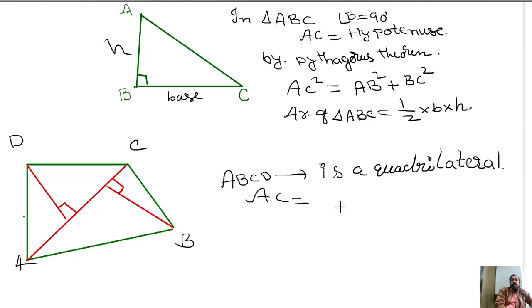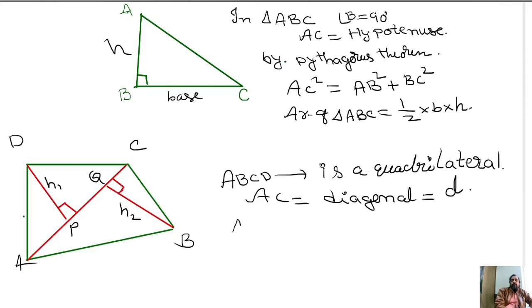AC is the diagonal. So the diagonal length I am taking as D. Now see, DP and BQ are heights H1 and H2. Two perpendiculars drawn from the opposite vertices to the diagonal.